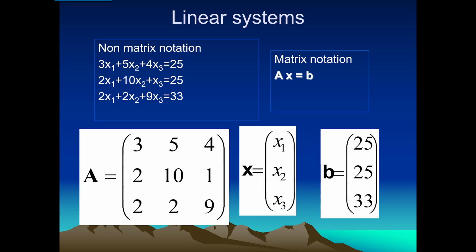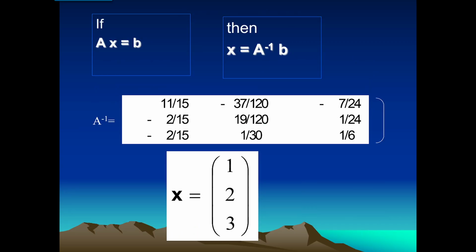Given that AX is equal to B, X is the inverse of A times B. That's the solution, right? Because the inverse of A times A gives what?